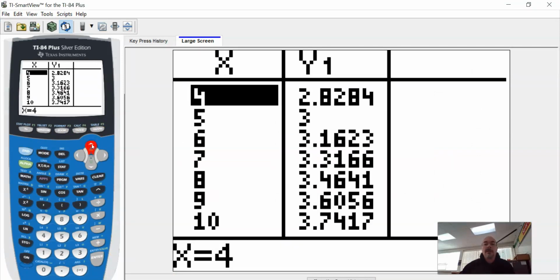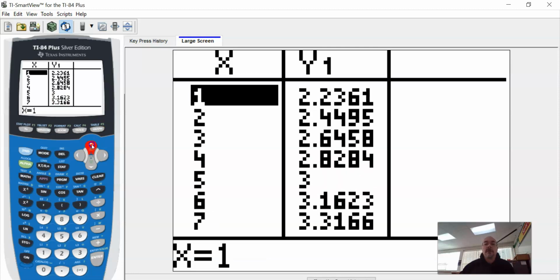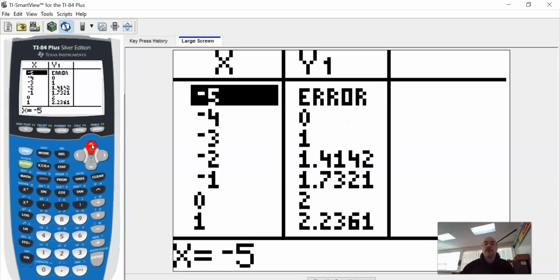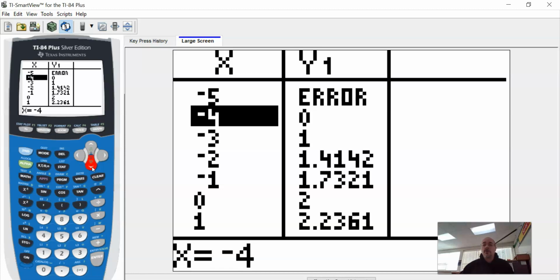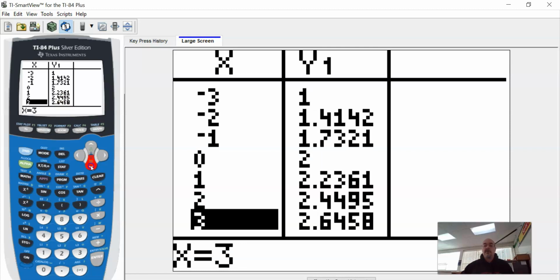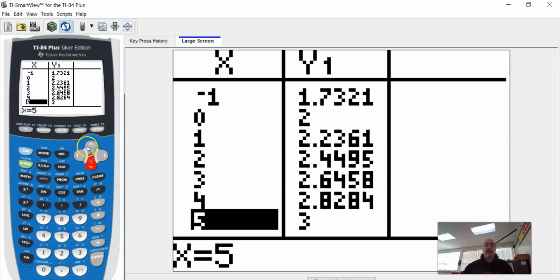And okay, now we got to scroll. Let's see here. I'm going to go to the error message. Aha, there's the error message. So that means this one goes -4, 0, -3, 1, 0, 2, and then I think the other one is 5, 3. Yes, it is.